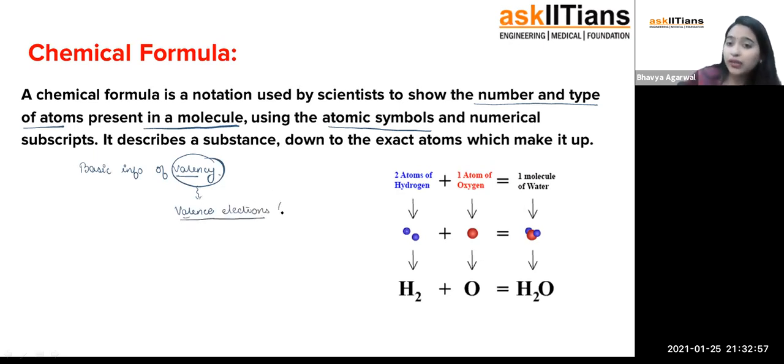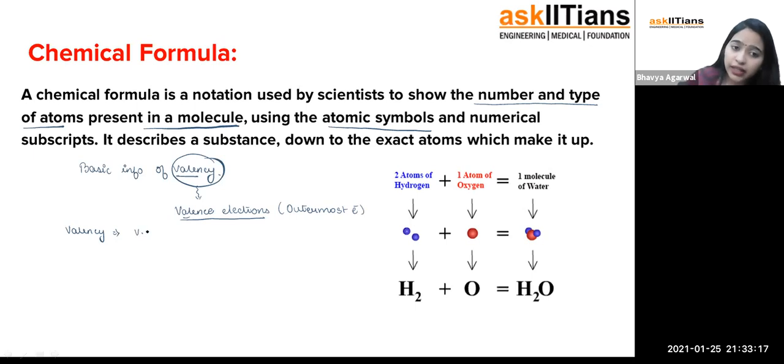Now, what are the valence electrons? As we have discussed, these are the outermost electrons. The outermost electrons present in a shell of an atom. So how do you find valency? See, the way is very easy.